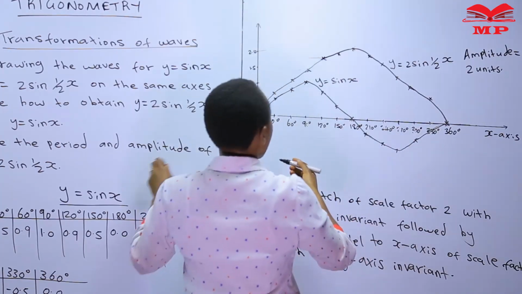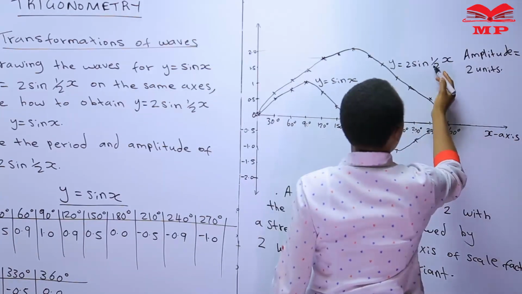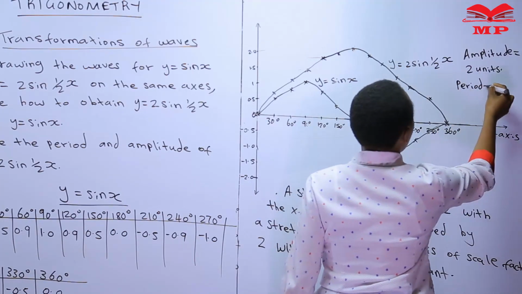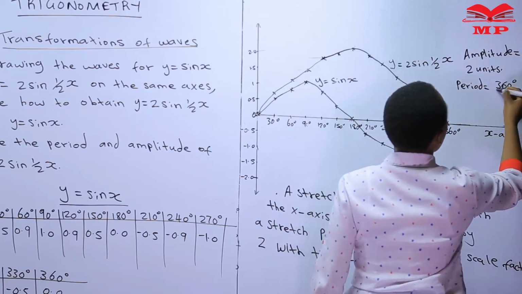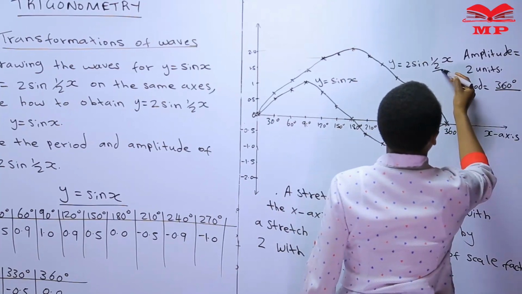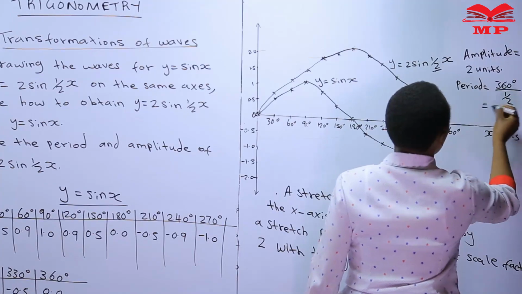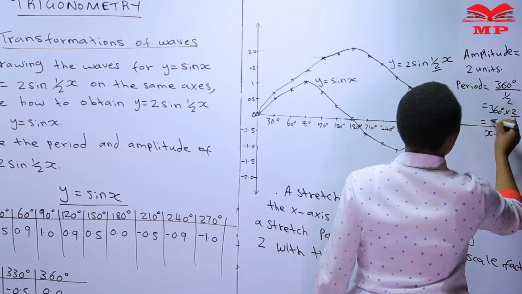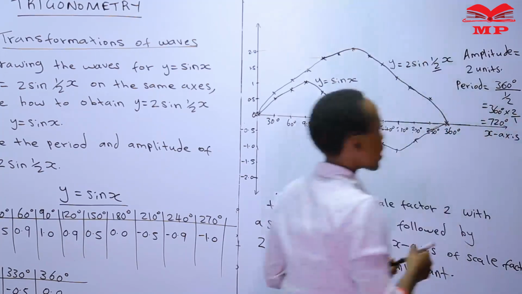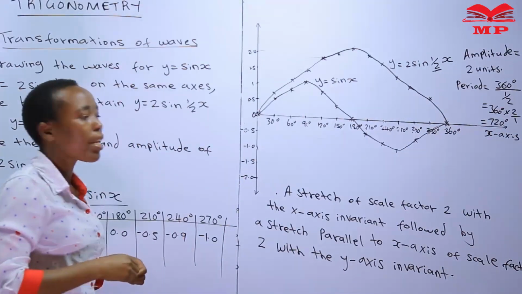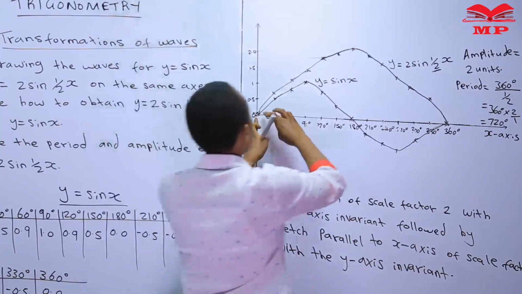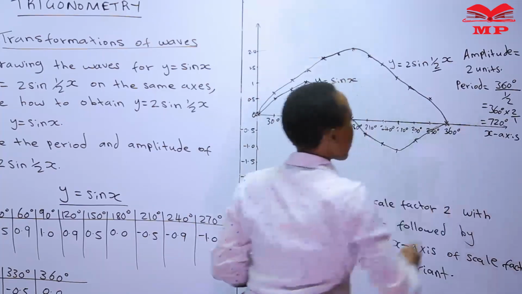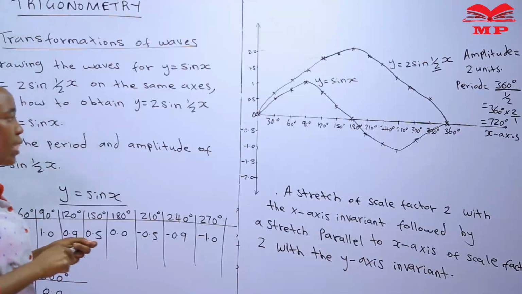So we can use the formula: the period will be equal to 360 degrees divided by our b here, which is a half, which will be 360 degrees times 2 over 1, which is 720 degrees. So the period is 720 degrees; you can simply say this is half of the oscillation, so multiplied by 2, it will be 720 degrees.